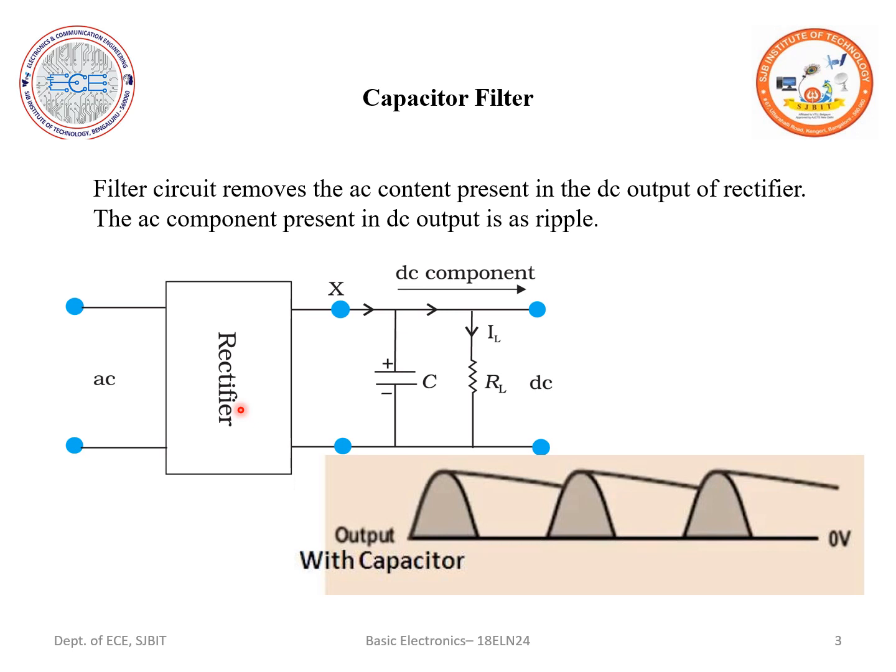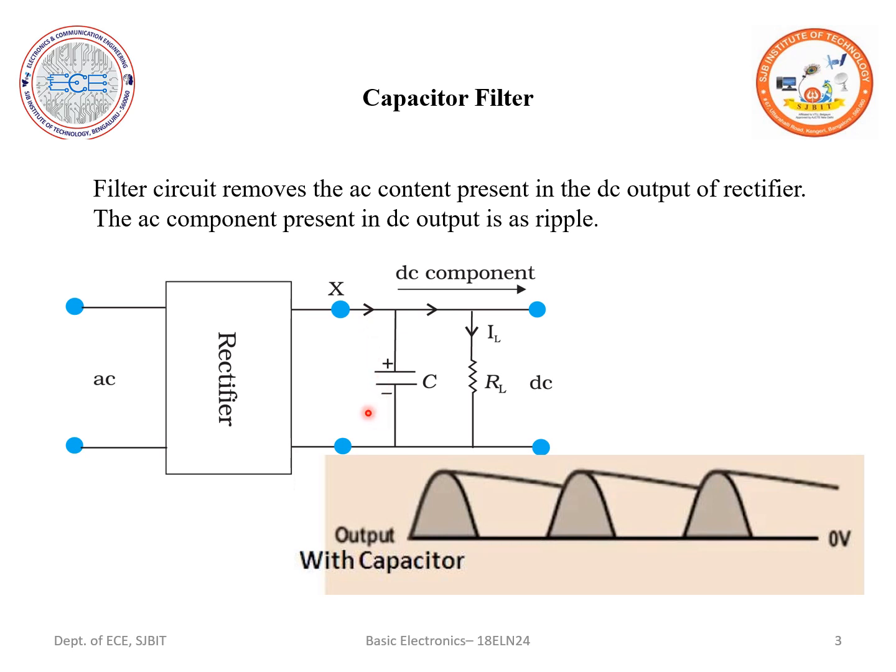It is a pulsating DC where some amount of AC component, which we call ripples, is going to be present at the output of the rectifier. So we are going to incorporate a filter circuit across the output of the rectifier in order to filter the AC component that is coming in the DC output of the rectifier.